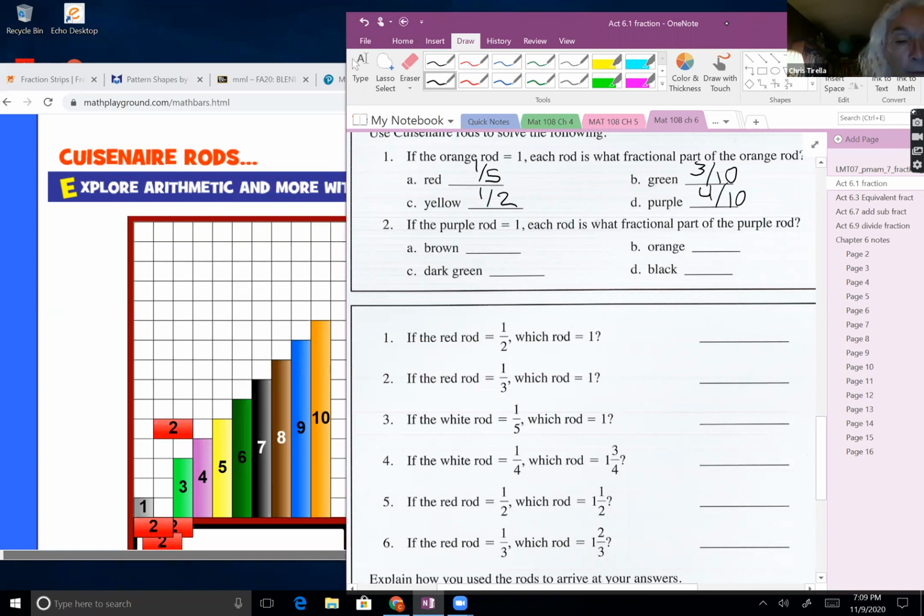So now if the purple rod represents 1, what would the brown rod be? Wouldn't that be twice as long, or the fraction 2/1?